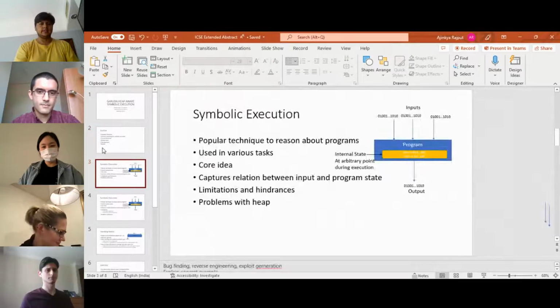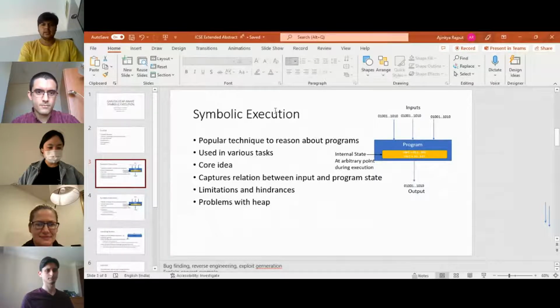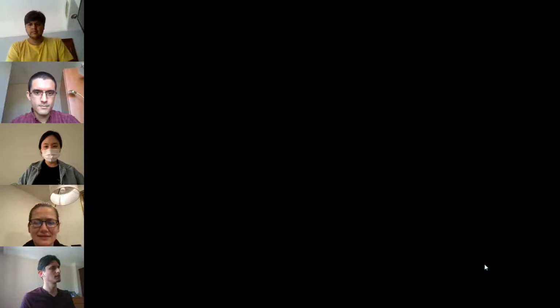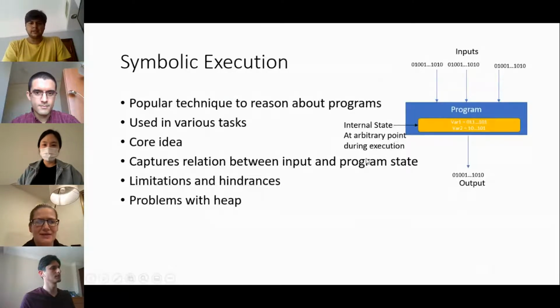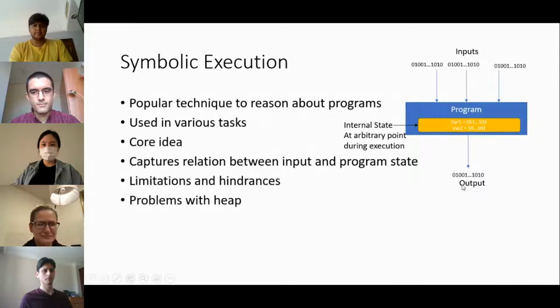Symbolic execution is a popular and systematic technique to reason about programs. In a usual program, it takes concrete inputs, its internal state is also concrete, and finally a concrete output is generated.